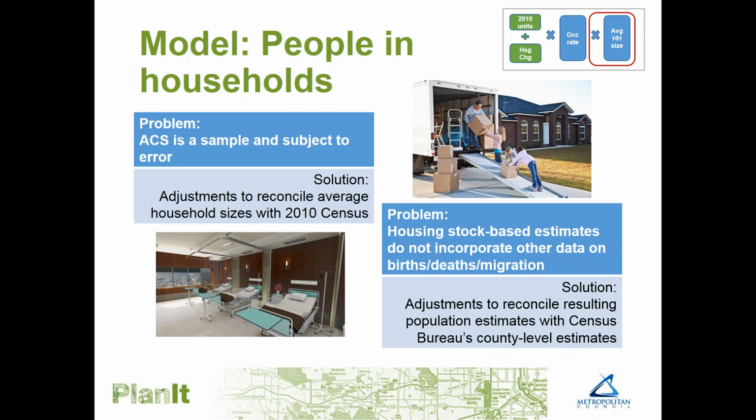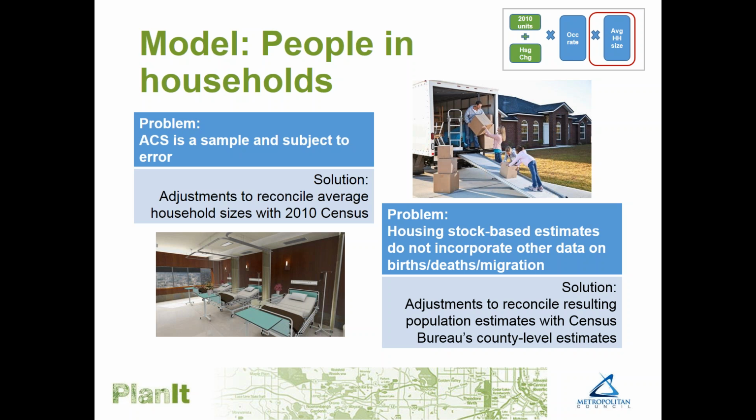Second, those resulting estimates are based on just one method of estimation, the housing stock method. But there's another primary method of population estimates out there that works well for larger areas than cities and townships, and that's to look at the three components of population change: births, deaths, and migration. And that's what the Census Bureau does for its county level estimates.